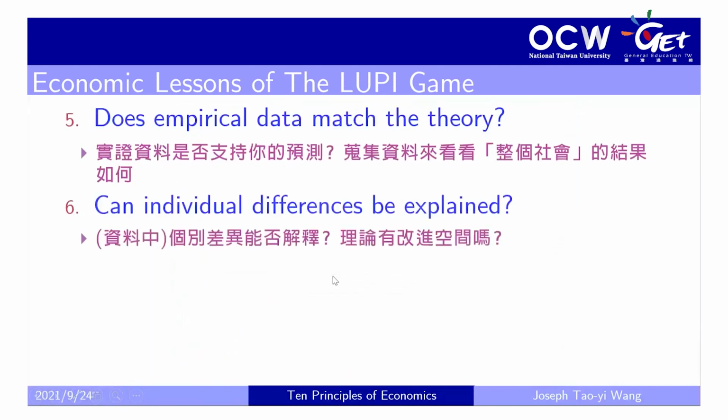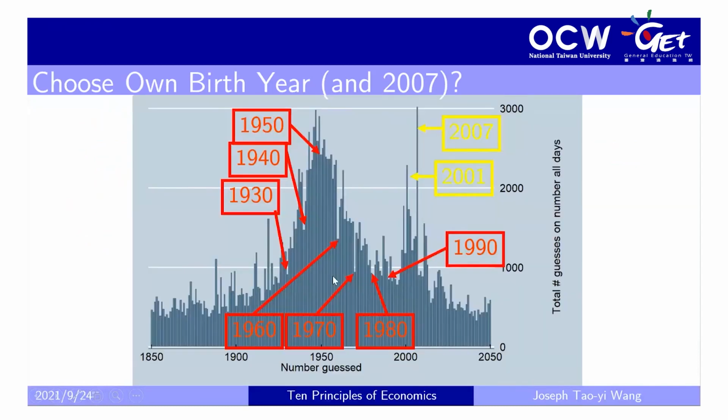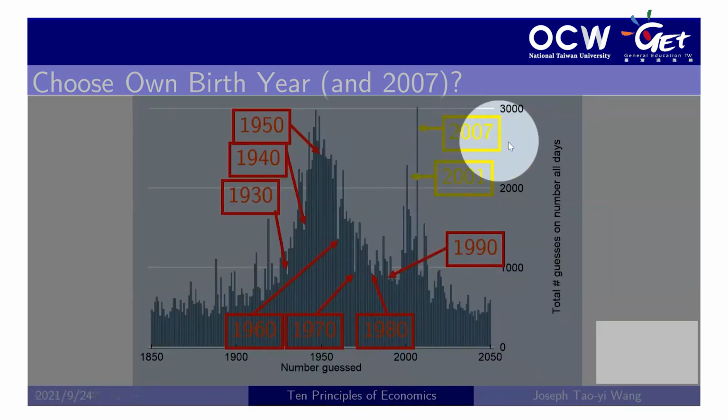All right, so here it seems that initially empirical data might not match the theory, but you are converging towards that. Then you can ask, can individual differences be explained? In the LUPI game data in Sweden, you get people picking their birth year, or this was done in 2007, so you have 2007 chosen very frequently.